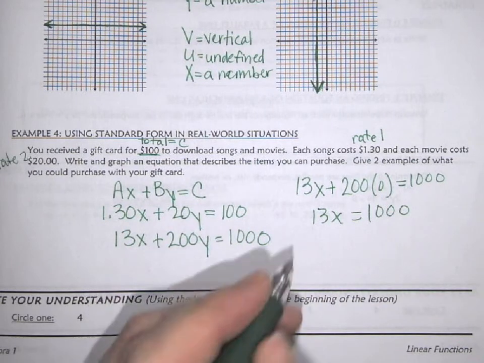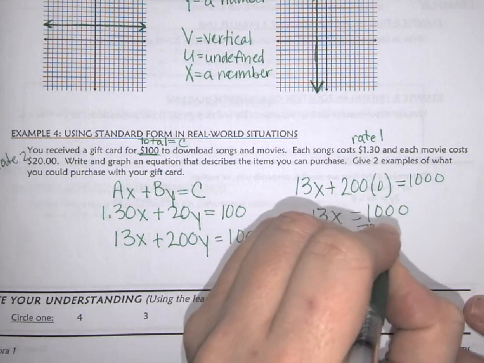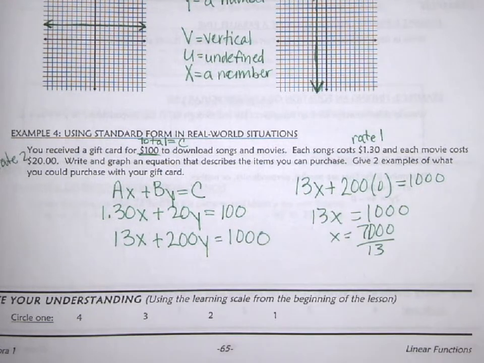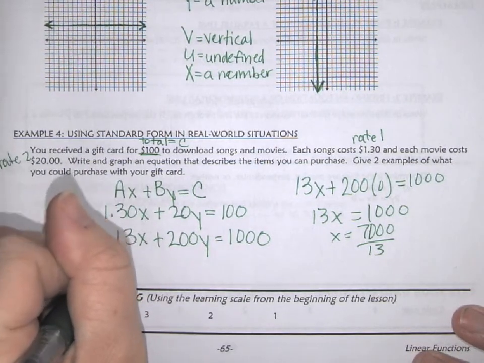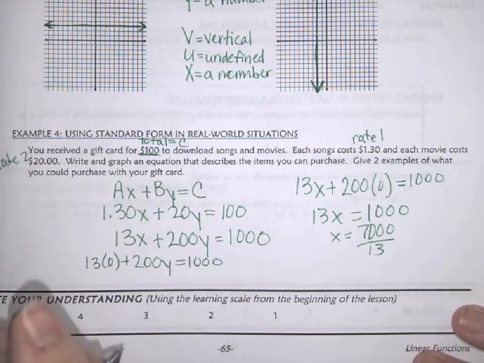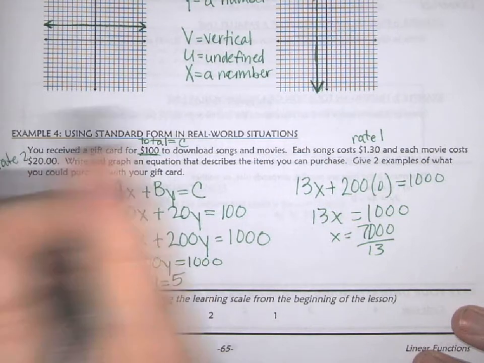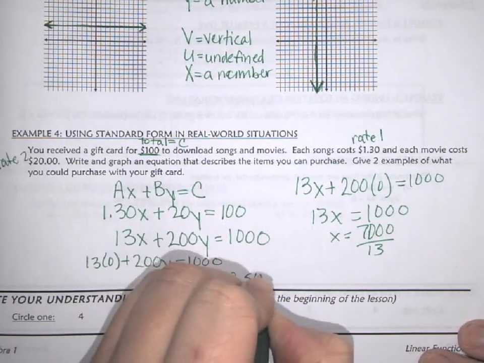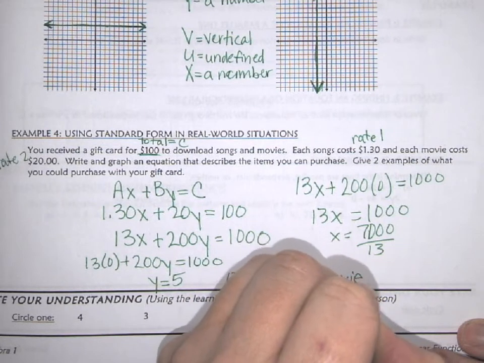So let's see. If I do it the other way, where I don't buy any songs, then I can get 5 movies. So 0 songs, 5 movies.